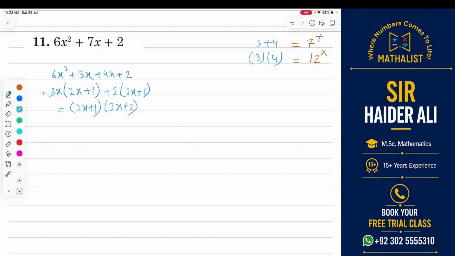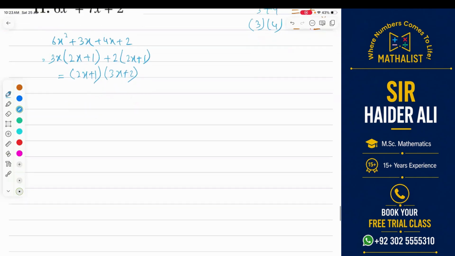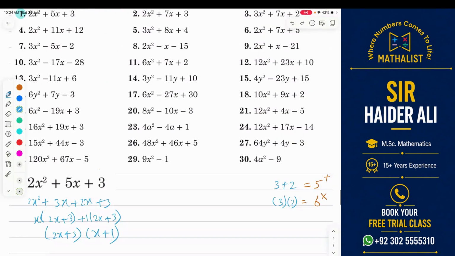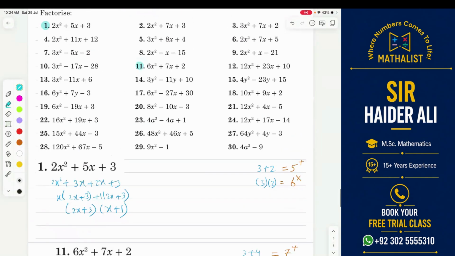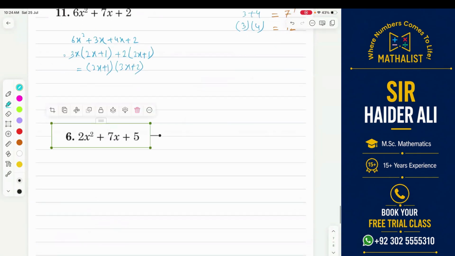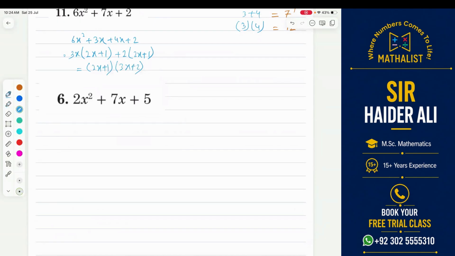See this question. Now the next one. Which two numbers will I write in the side board?